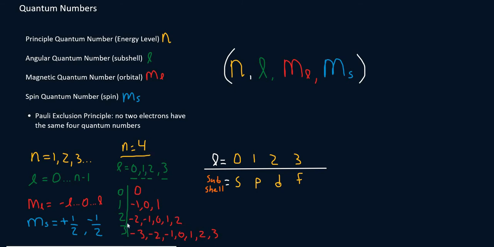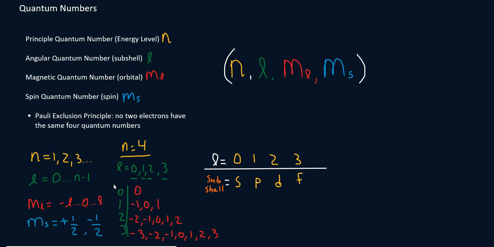And you would need to list each of these out. And we're actually going to look at that in just a second when we look at an example of an element. What I always do, and what I recommend you do as well, is when you're writing out your quantum numbers, write them based on energy level and based on L value. So I would split up each individual energy level and do the quantum numbers for that energy level, because most of your elements are ultimately going to have multiple energy levels associated with them.